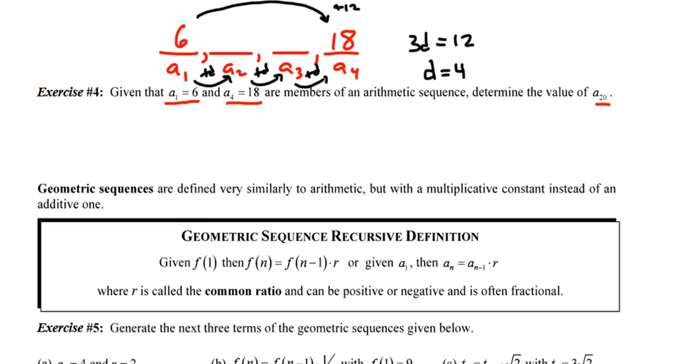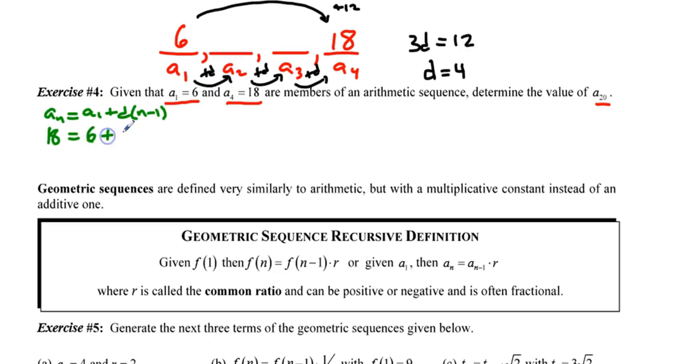Well, let's figure another way. I'm going to show you another way. We've got our explicit formula, a sub n equals the first term plus the common difference added on n minus 1 amount of times. Let's sub in what we know. For the fourth term, that'd be a sub 4. 18 is its value. Okay, the first term is given to be 6.